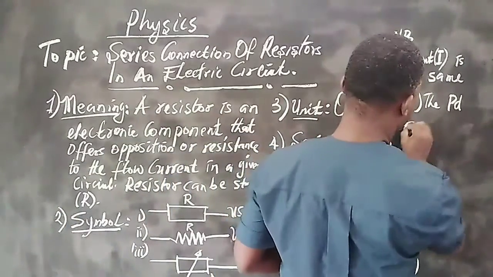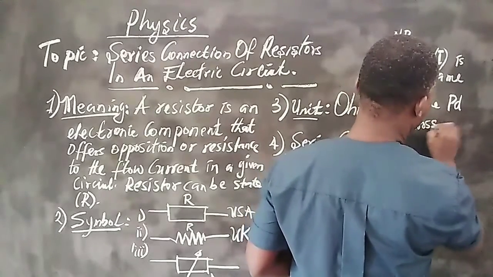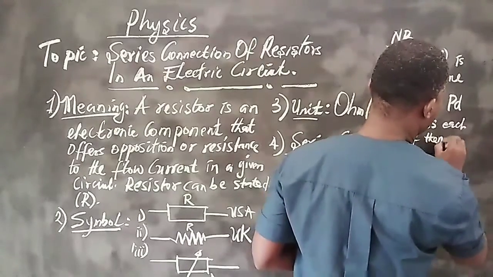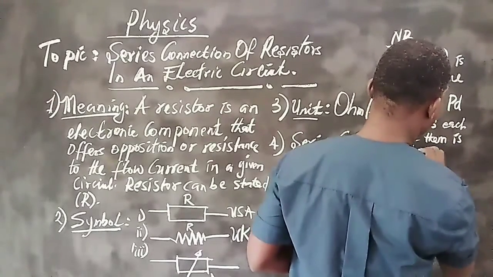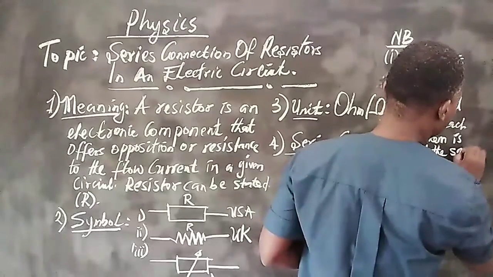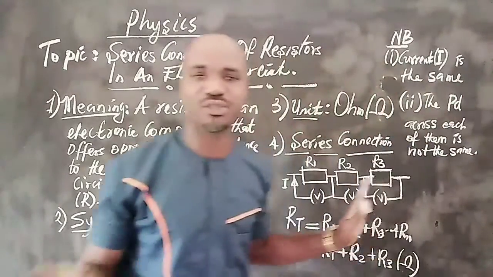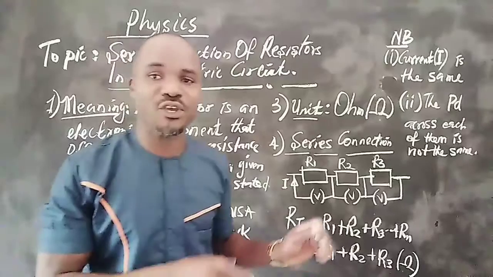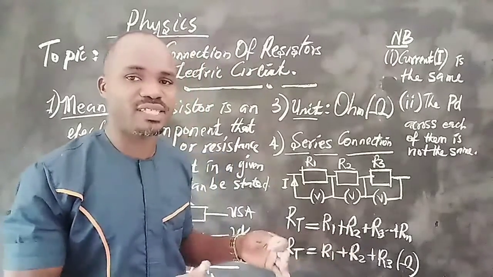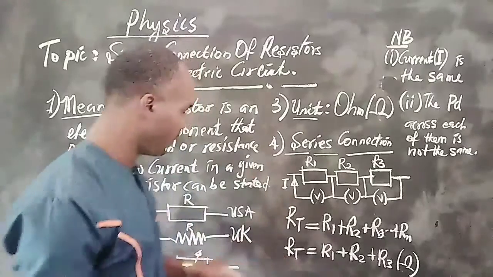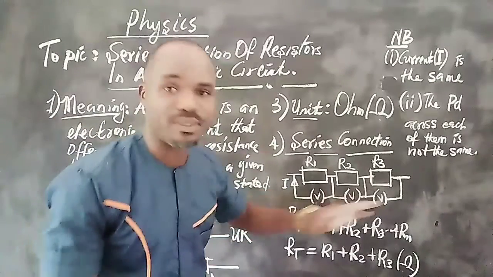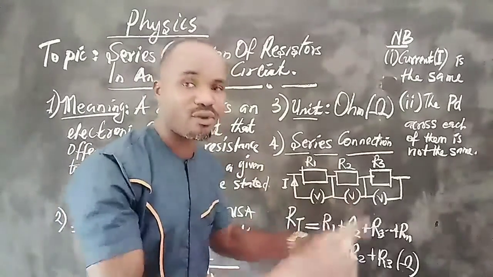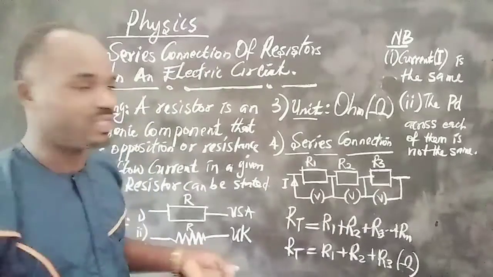The PD across each of them is not the same. That's what you need to know as a student: the current flowing in a series connection of different resistors is the same, while the potential difference across each of them is different. I repeat, the current flowing is the same, while the potential difference is different in each of them.